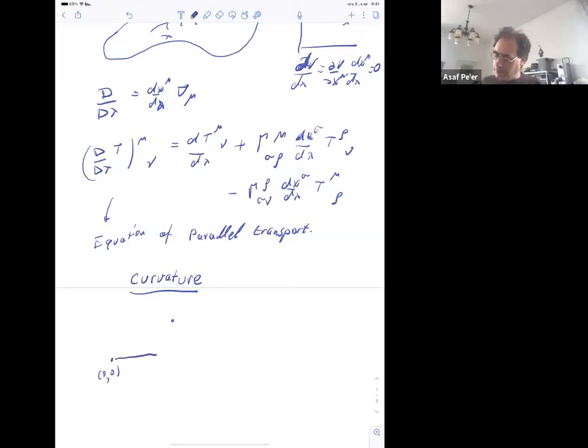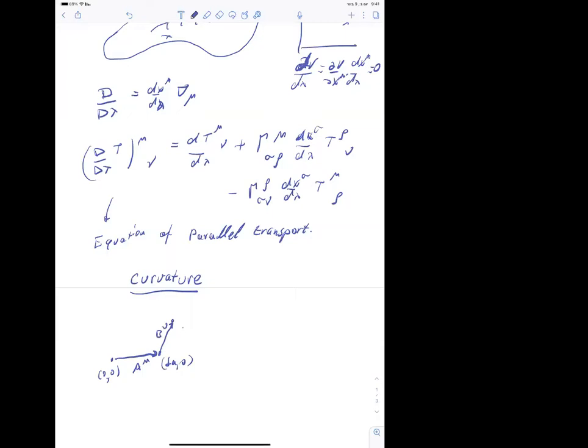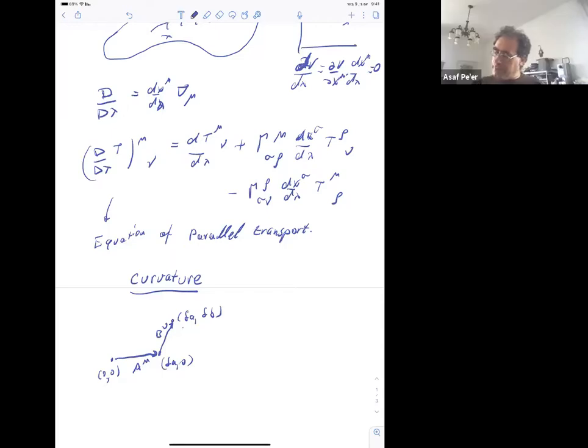A mu, which took us to some point infinitesimally far away, so delta a and 0, and then B nu, which took us to delta a, delta b. And then we choose the second path by first going along B nu, so 0, delta b, and then A mu, which gets us back to the same point, but along a different path.